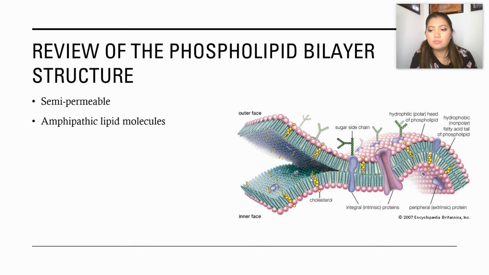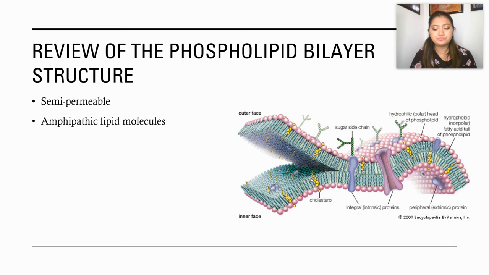The way the bilayer is formed, the polar heads face outside on both the intracellular and extracellular parts of the cell, so that the tails are nicely protected and don't have to interact with water at all.